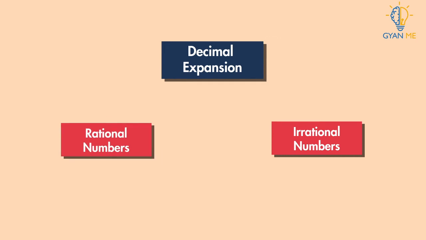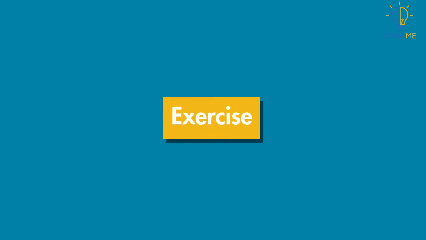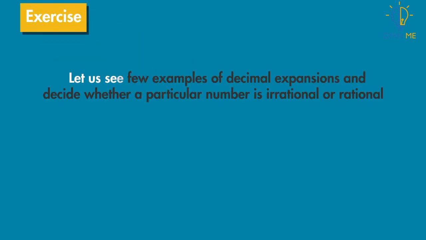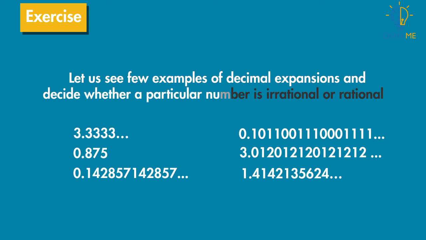So now that we have seen the decimal expansion of rational and irrational numbers and the characteristic feature, let us take an exercise to check whether we have understood or not. For that, let us take few examples of decimal expansion and decide whether a particular number will be irrational or rational.